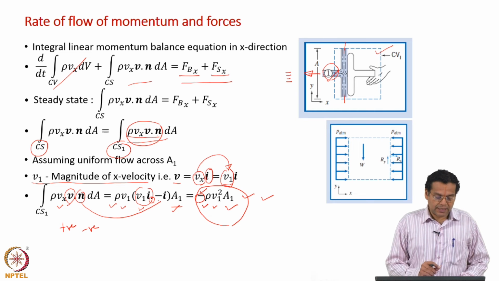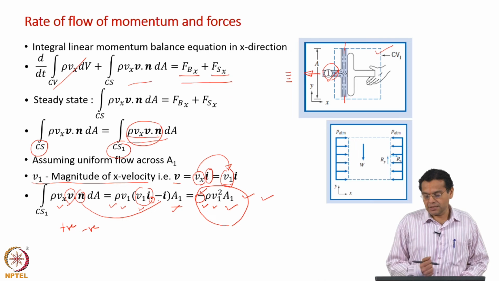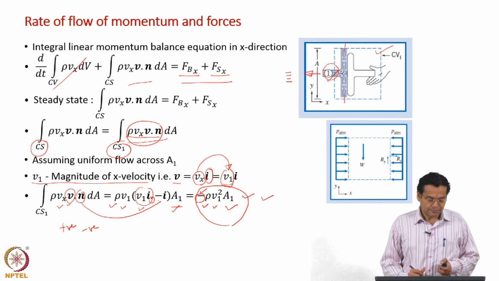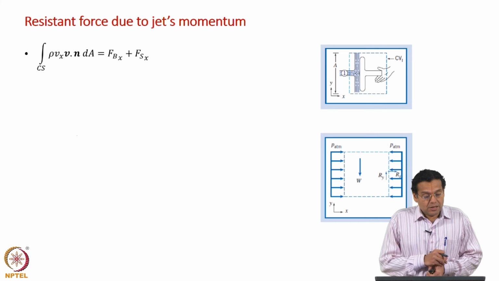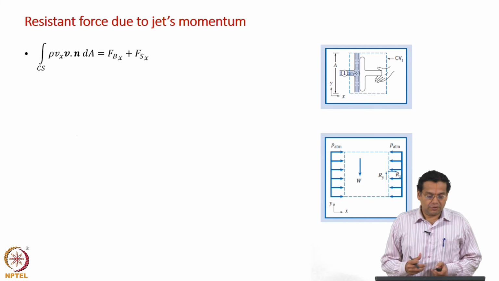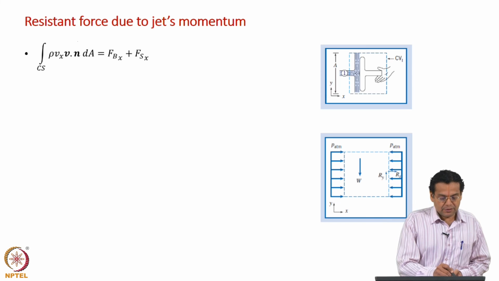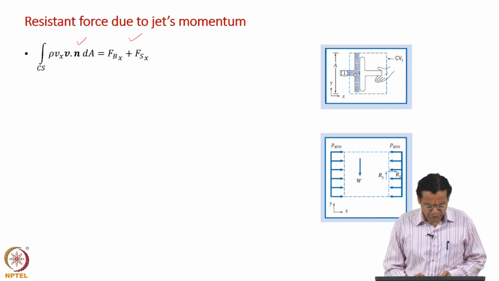Then for the V vector I substitute V1 i along with the direction vector, and for n I substitute minus i because it is along the negative x axis, the unit normal. Simplifying, we get minus rho V1 squared A1. So, we have written the integral form of the momentum balance, the net rate of momentum flow term, and the forces.